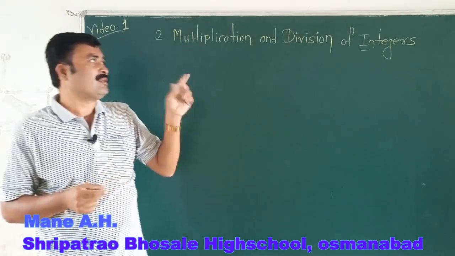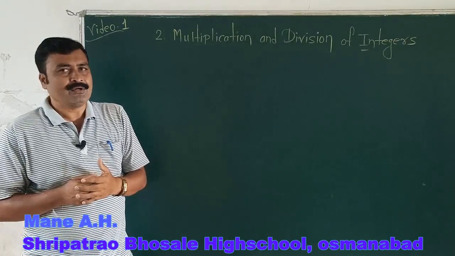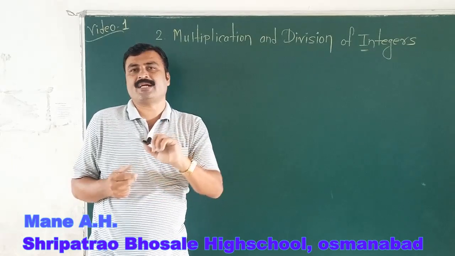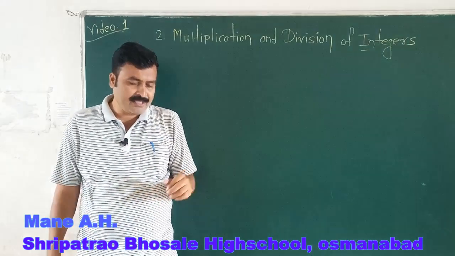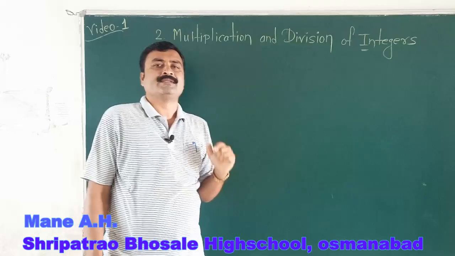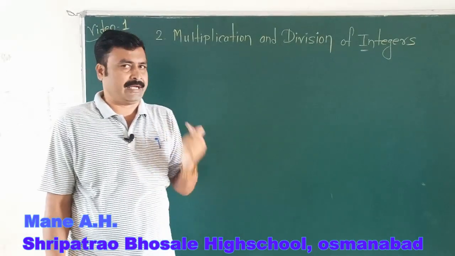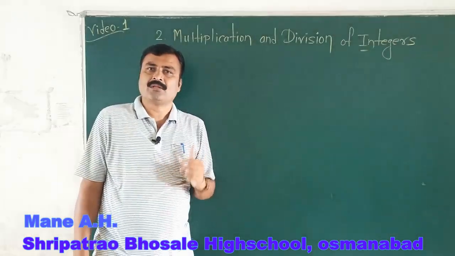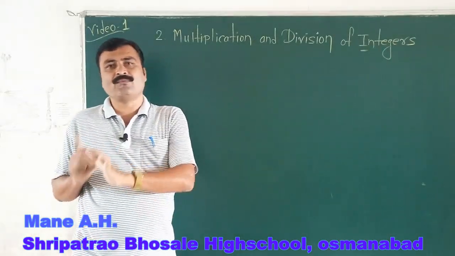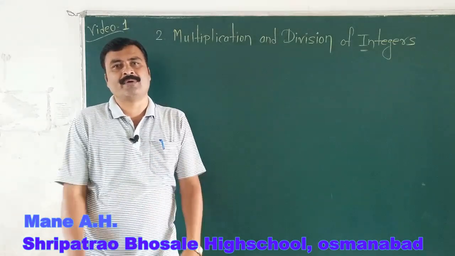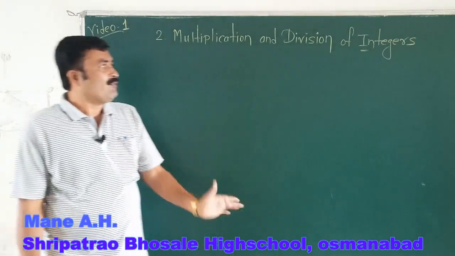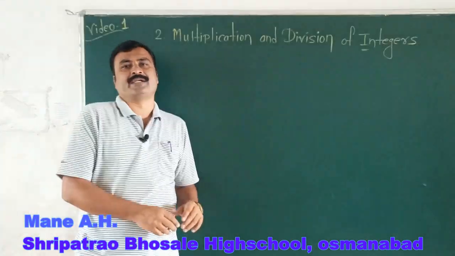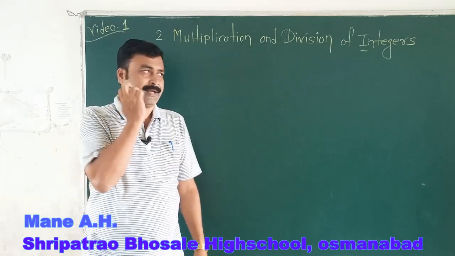Now before continuing these two basic operations, we are moving toward our number system. From standard 1, we start the reading and writing of numbers. In standard 1 to standard 5, we complete the reading of numbers from 1 digit up to 10 digit numbers. Now, when we come into the 6th standard, these numbers are classified into groups.